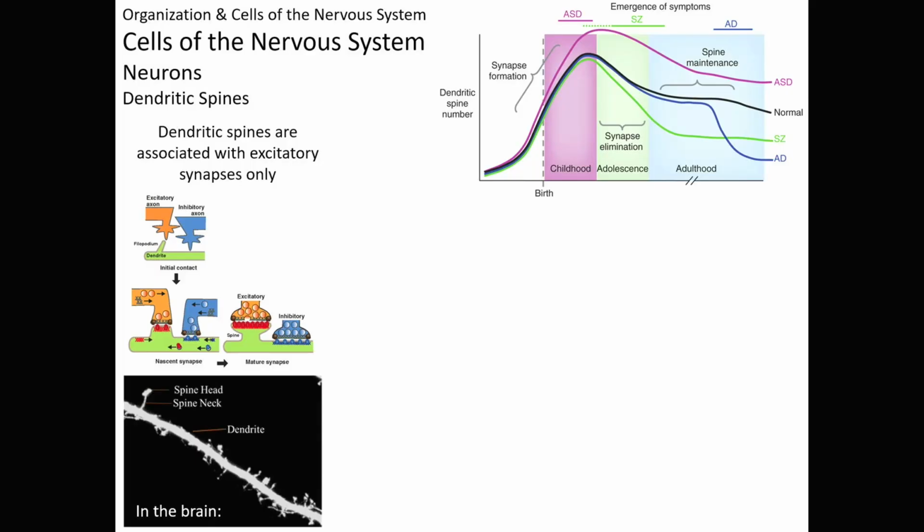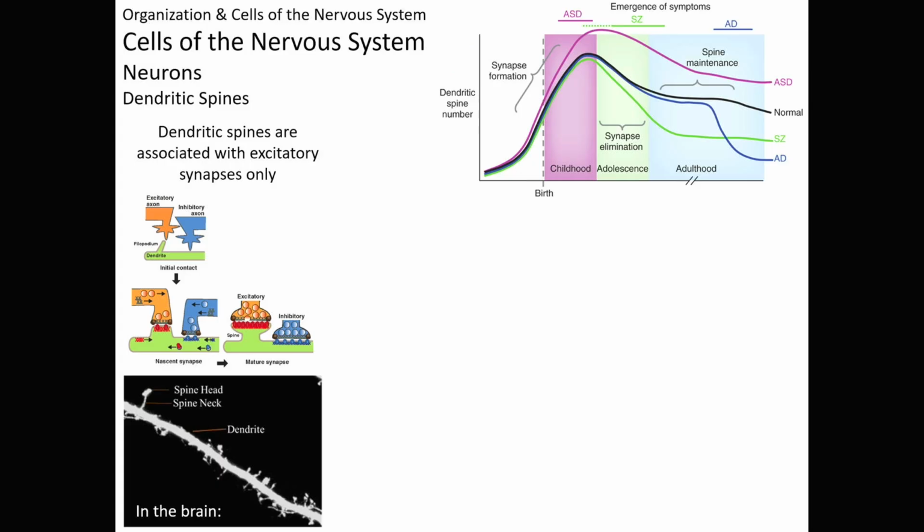Okay. The next thing I want to talk about, still on dendritic spines, is how the number of spines we have within our brain changes over the course of our lifetime. Here we have a figure plotting time on the x-axis, starting from conception at this point and extending all the way out until we die, and on the y-axis, dendritic spine number.